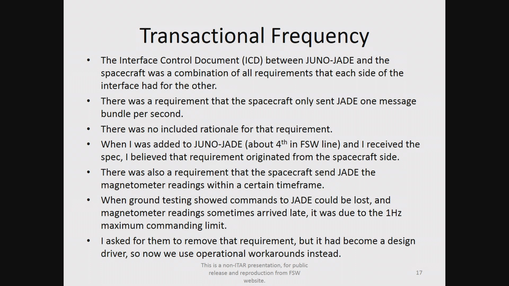So when we got to integration testing, it turned out that if we sequenced commands 1 second apart, they could be lost. And sometimes magnetometer data we were supposed to receive in a certain amount of time was a few hundreds of milliseconds late, and it was because of this requirement about them only sending us 1 transaction per second.